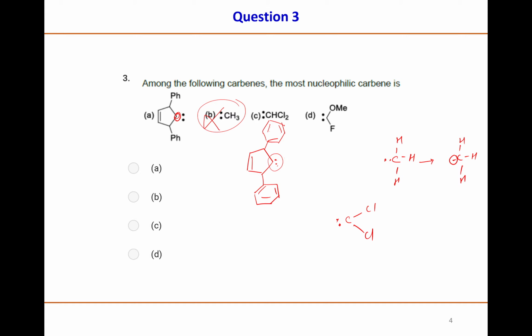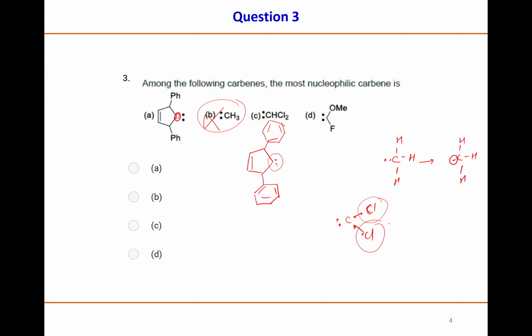Here also, we have two chloro groups which pull the electron density, and this is also not a carbene because H is also written, maybe by mistake. It should be Cl2 carbene, not CHCl2. Okay, if we do not consider this H, these are electron withdrawing groups. Both chlorine atoms are electronegative, so they will pull the electron density towards themselves, right?